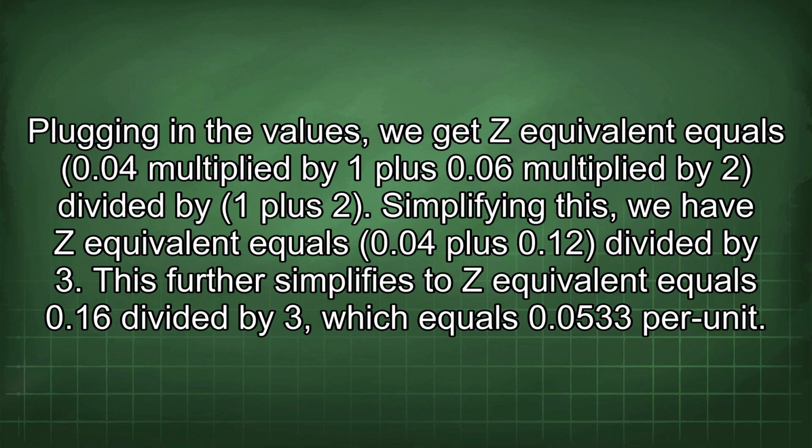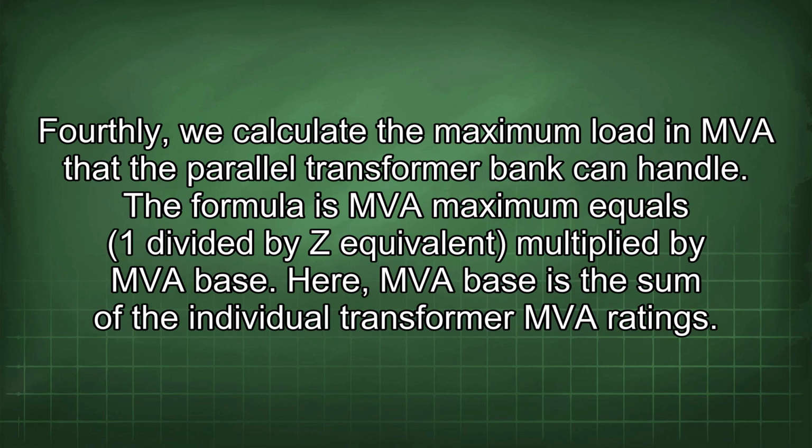Simplifying this, we have Z equivalent equals 0.4 plus 0.12 divided by 3. This further simplifies to Z equivalent equals 0.16 divided by 3, which equals 0.533 per unit.